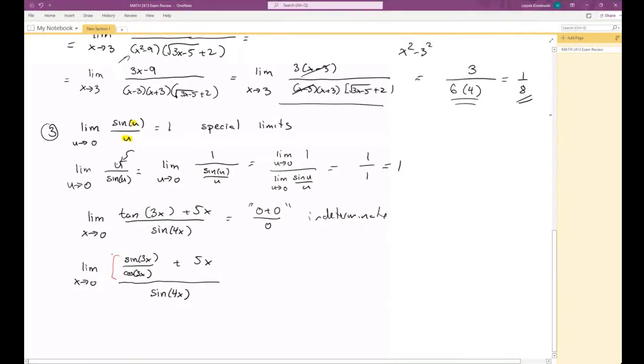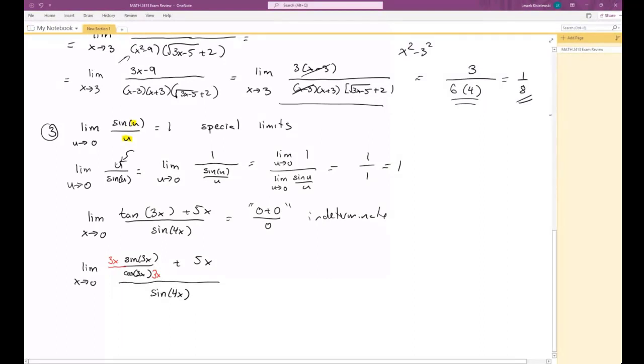What would we like to see in the denominator so that we have our special trig limit? We would love to see 3x, right? Exactly the thing that's inside sine. But of course, we need to multiply the top and bottom by 3x, right? It's a way of multiplying by 1, and therefore not changing anything. One of the most powerful tools, right? Multiply by 1 or add 0 in math.